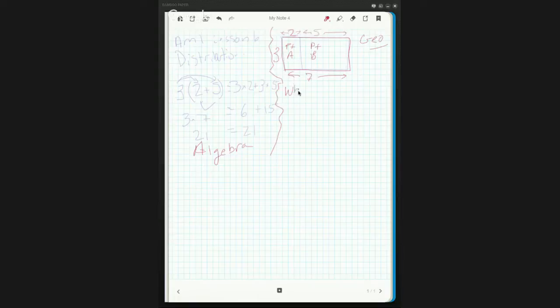So the whole is equal to part A plus part B. If I think about this whole, I can think of it as 3 times 7, but let's think of it a different way for purposes of this proof. Let's say that this whole has a width of 3, and the length is 2 plus 5.